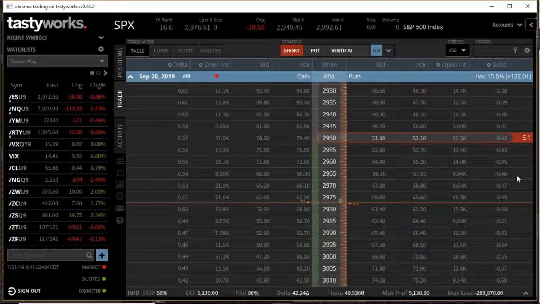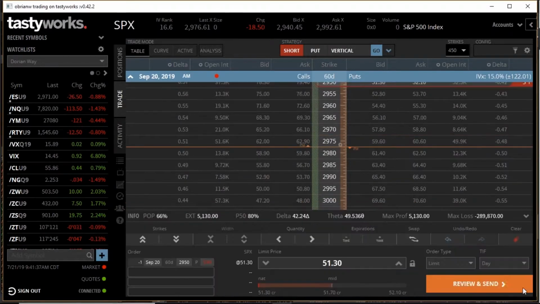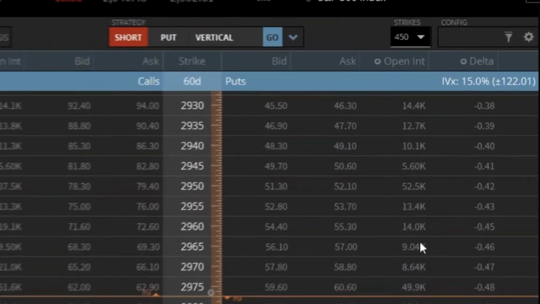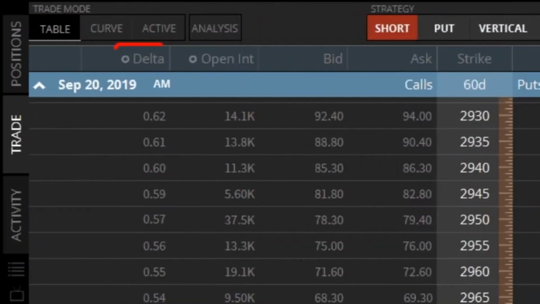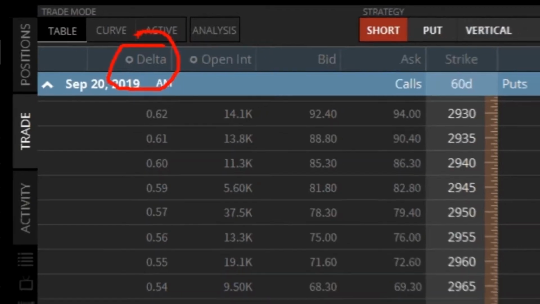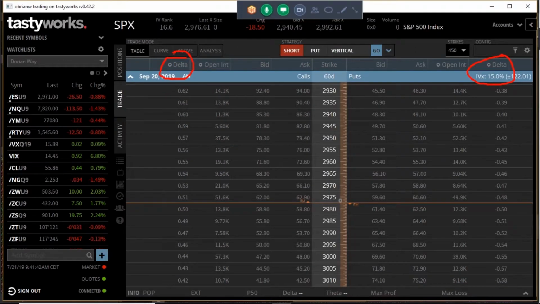Okay, all right, so moving on, let's clear this and let's discuss Delta. Delta is very, very important, and it's on both sides as well. Delta is one of the 4 major option Greeks, and Delta is the most important Greek because Delta measures 2 things: your directional risk and your probability of success.